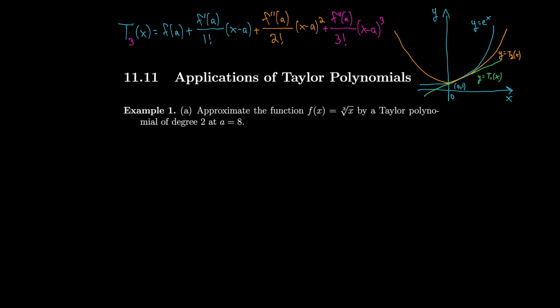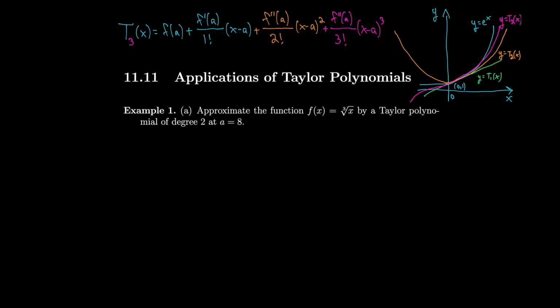So I get a nice cubic, which looks something like this. Okay, so you can see that the cubic is the closest we've gotten so far. It's pretty close almost all the way around. I mean, eventually it gets farther away, like over here, but even over here it's closer than it was before with the square or with the linear function. So this is y equals T3 of x.